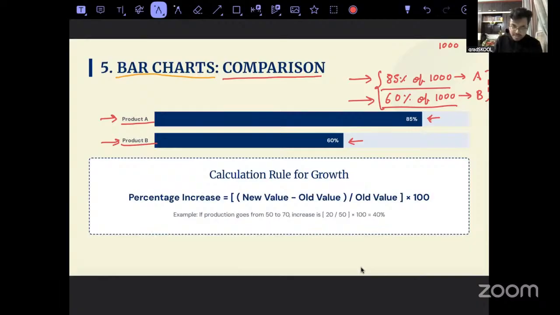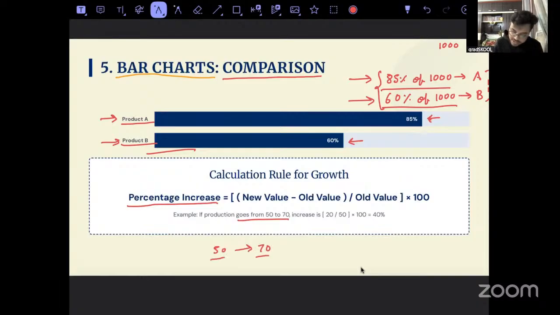So if this is clear, what I'll tell you next is there's something called percentage increase. Example is given: if the sale for one of the products goes from 50 to 70. Earlier it was 50, now it is 70. So what has happened?